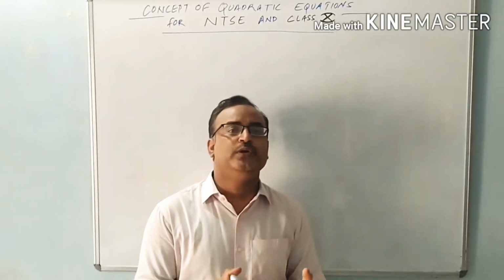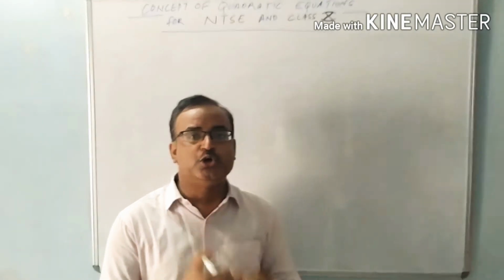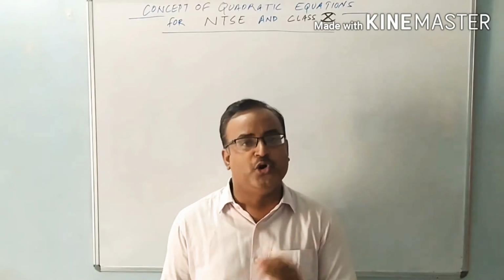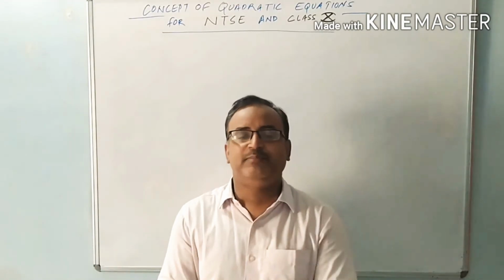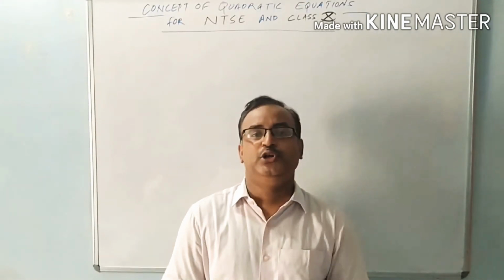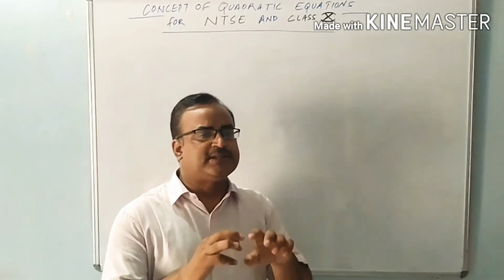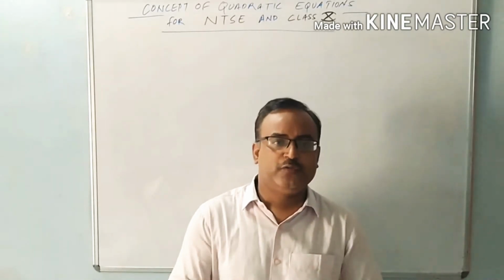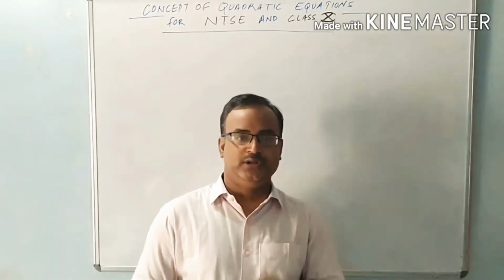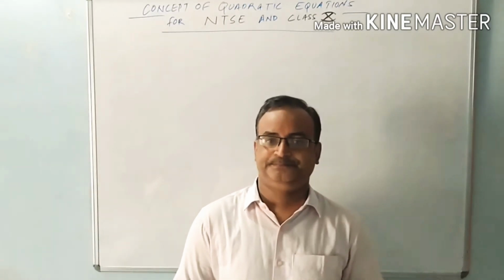In order to find the zeros or the roots of a polynomial, we equate the polynomial to 0. If suppose p(x) is a polynomial and we have to find the roots, so we will write p(x) is equal to 0. Then we will get the value of x.